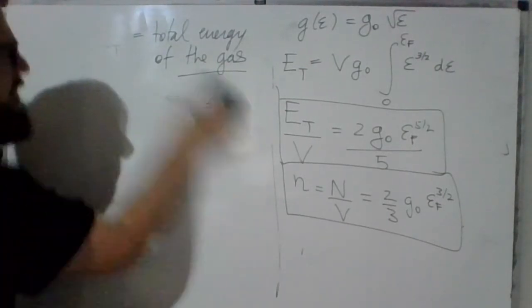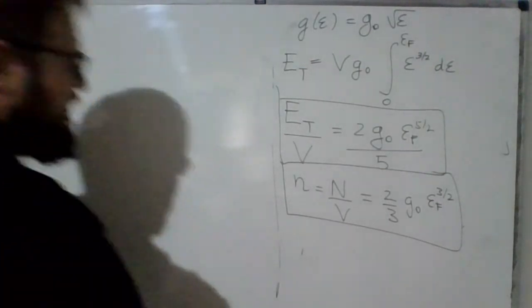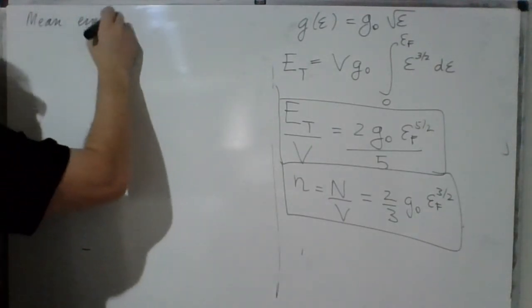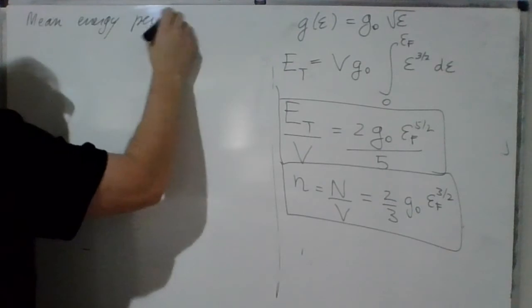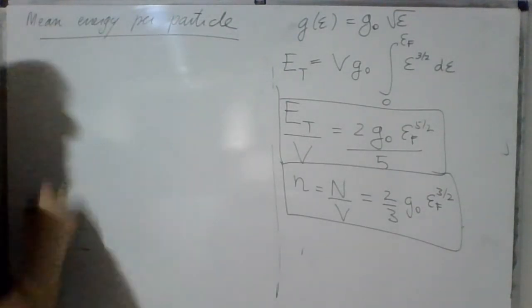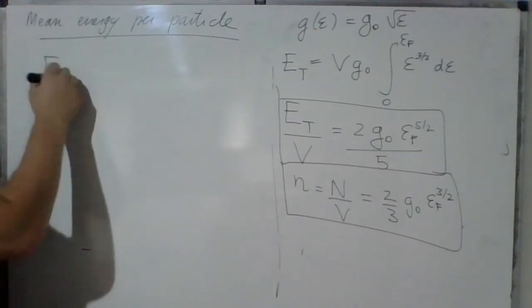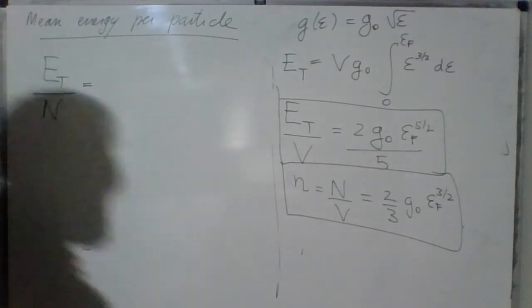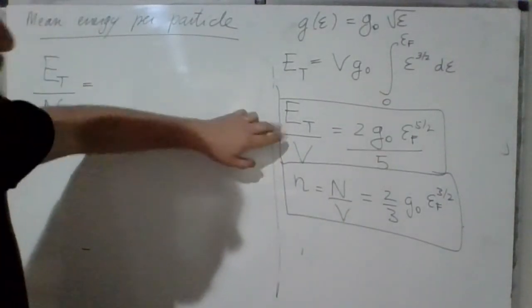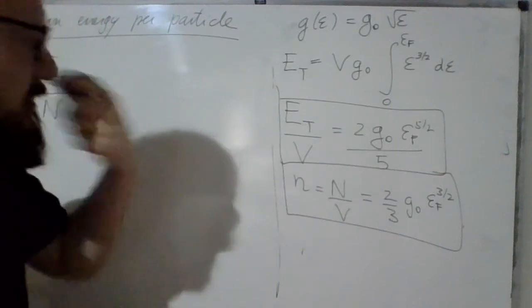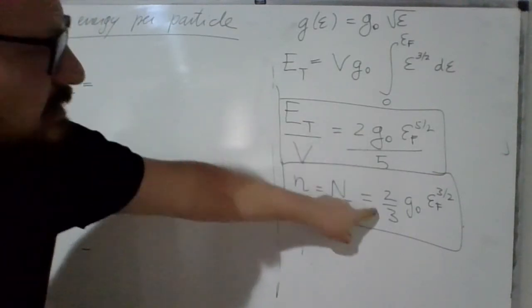If you want to calculate the mean energy per particle, you divide the total energy by the total number of particles. You can multiply both sides by the volume, and you have this factor divided by that factor.